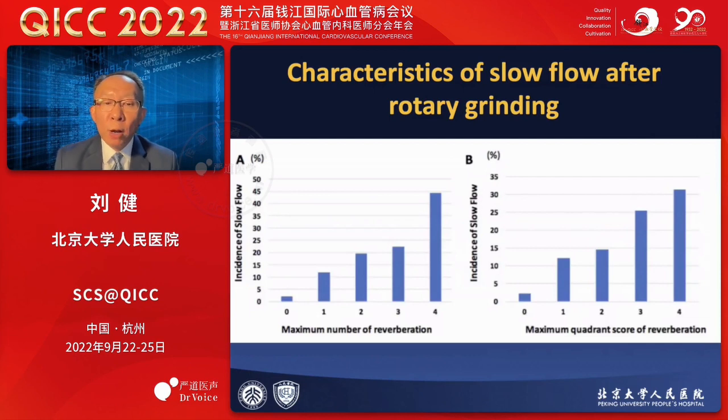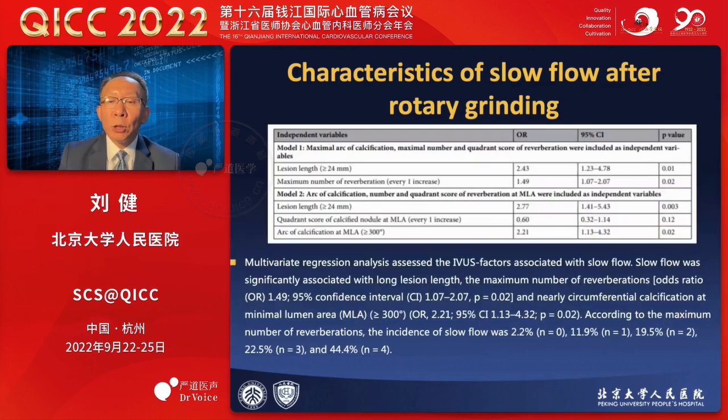And also we can look at whether the patient has a slow flow after the rotary grinding, and if the patient has a very noticeable calcified and also has an echo shape wave, it means that the patient has a very low possibility for slow flow.